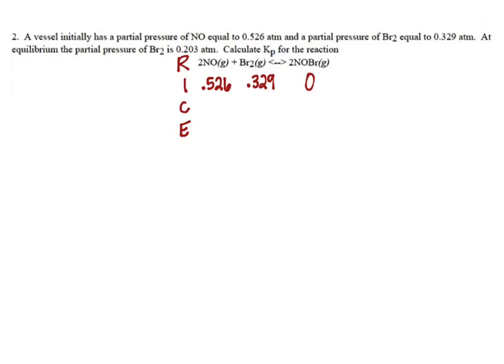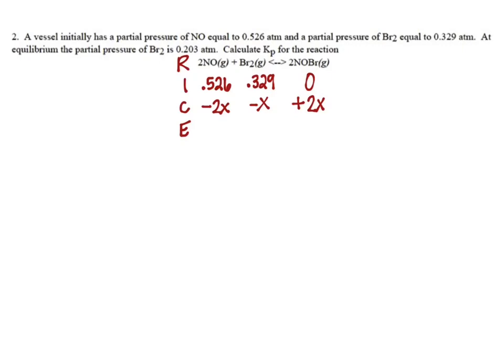So what's our change in NO? Minus 2x. Br2 is going to be minus x. And the next one is going to be plus 2x.